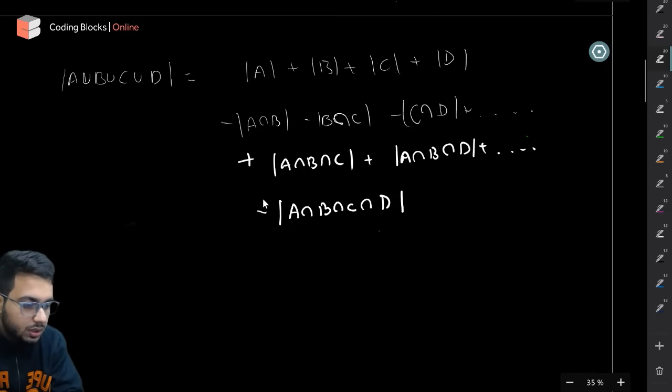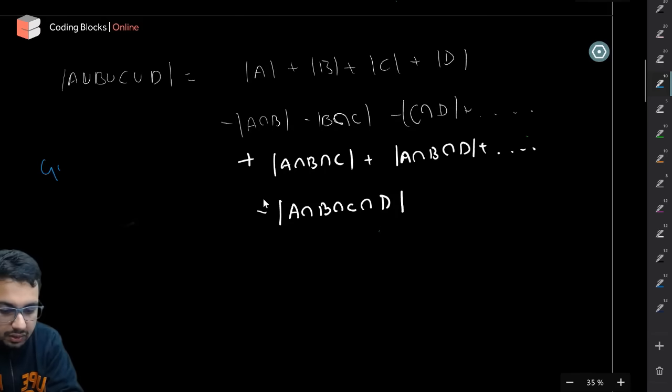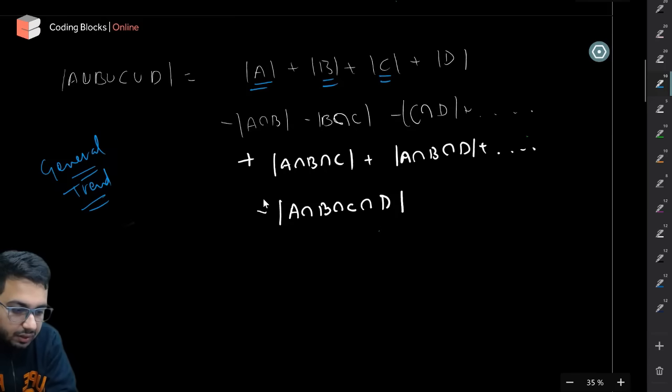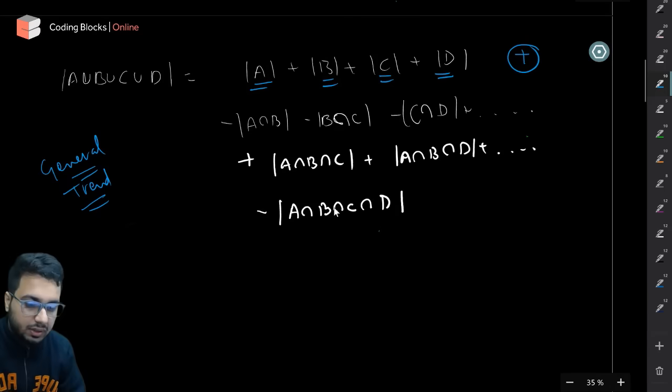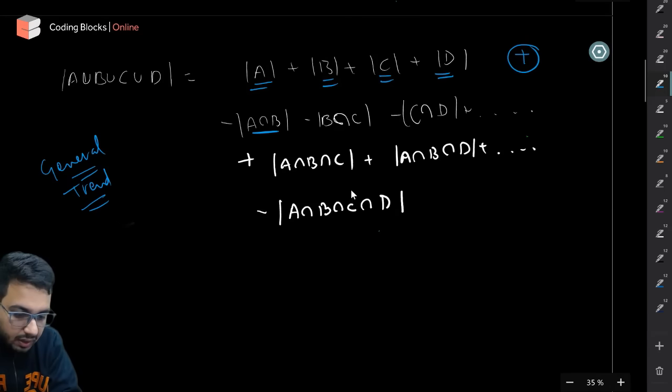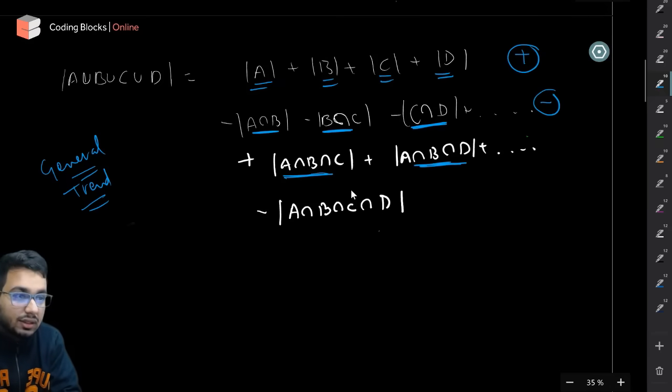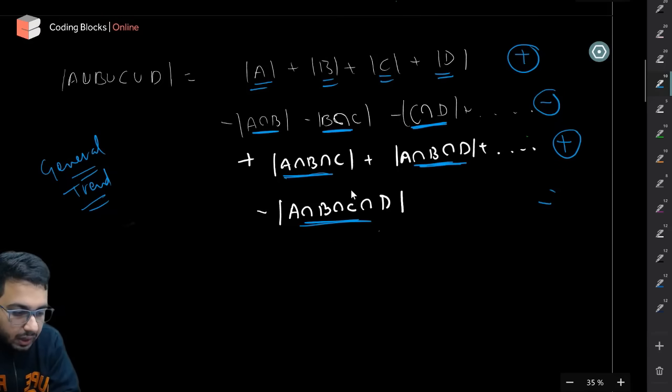So if you observe this general trend, what is the general trend? The trend is like this: if you're combining an odd number of sets, then the sign would be positive. If you are combining an even number of sets, like in this case, the sign would be negative. If you are again combining three sets, then the sign would be positive. You are combining four sets, the sign would be negative.